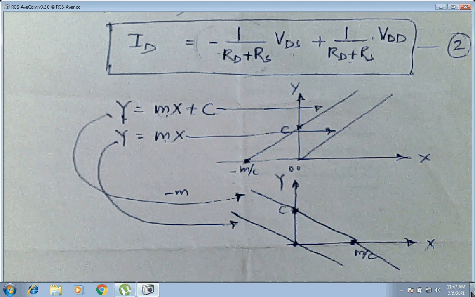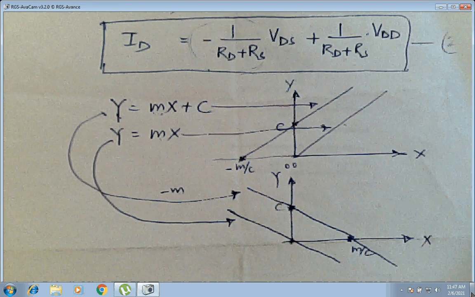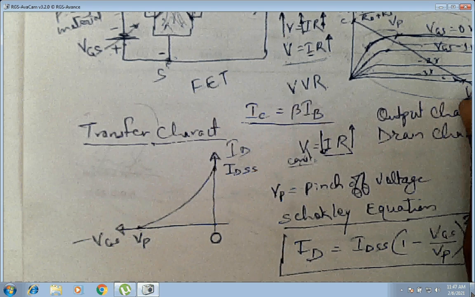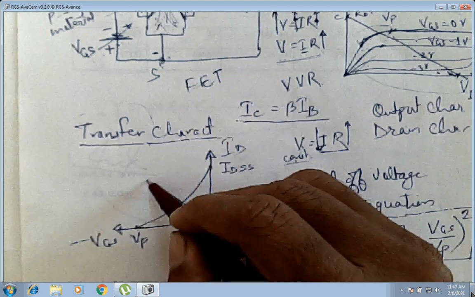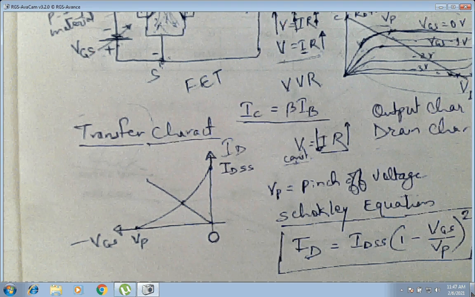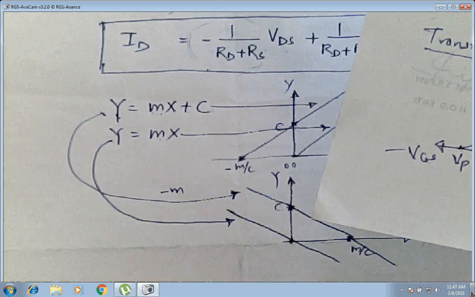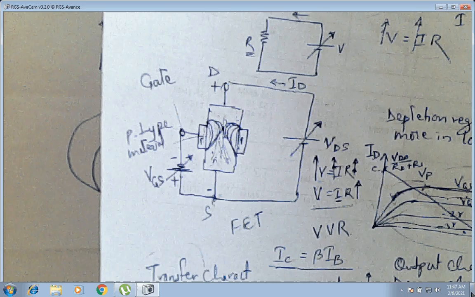So if I want to plot that graph, it will be in our characteristics, passing through the origin, somewhere touching here. Okay, this is our y is equal to mx graph, or ID is equal to minus 1 upon RS into VGS according to our equation.